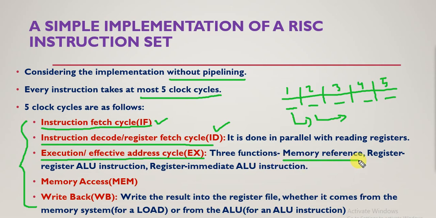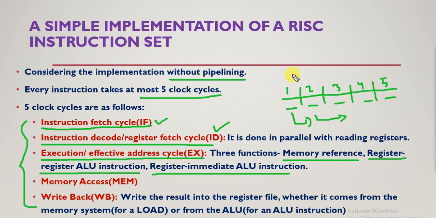One is memory reference, where we calculate the effective address using the base address and the offset. The second is the register-register ALU instruction. Some arithmetic manipulation will happen, or sometimes an operation with the register content and an immediate value, performing addition or subtraction or similar operations.